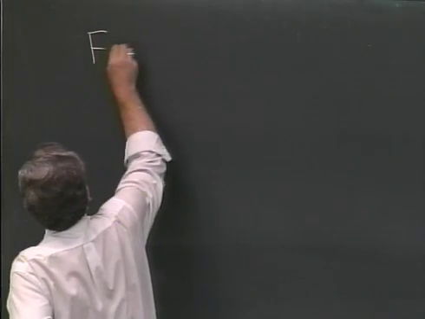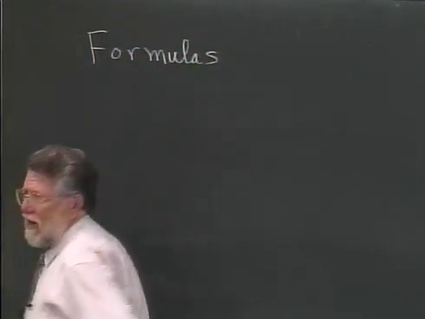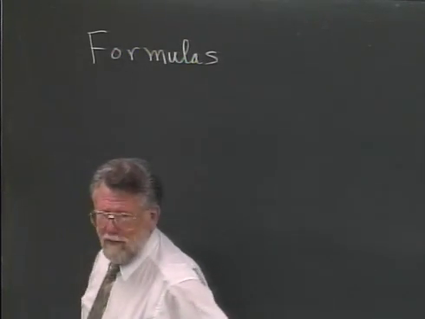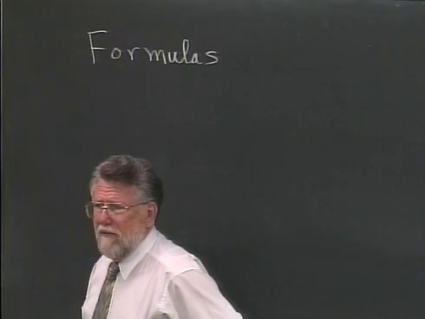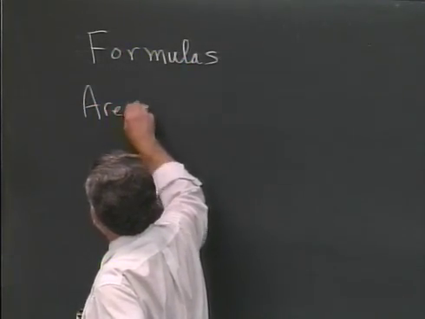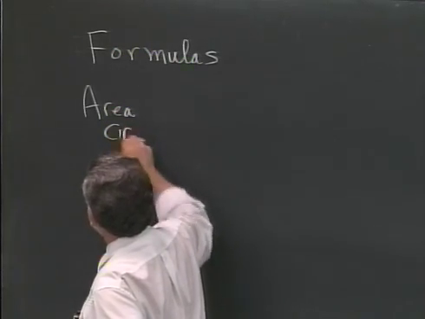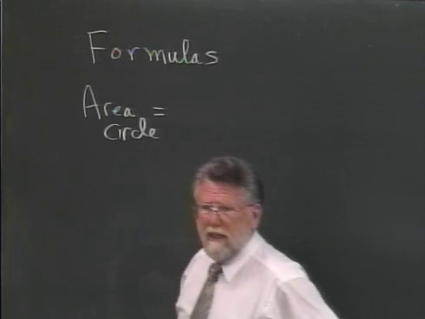So the first one, let's see if we can go 4 out of 4. Formulas. First one, area of a circle. Okay, write out the formula on paper, please.